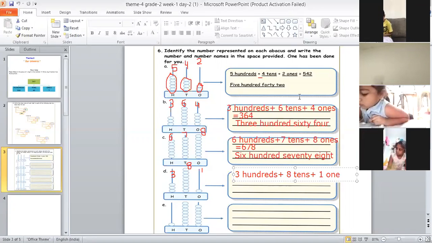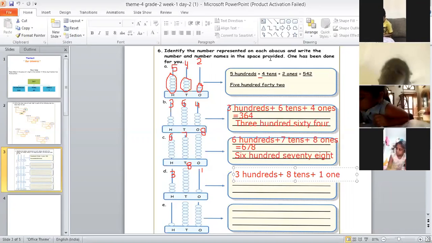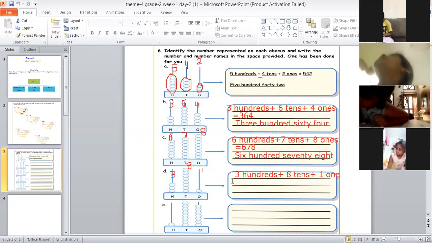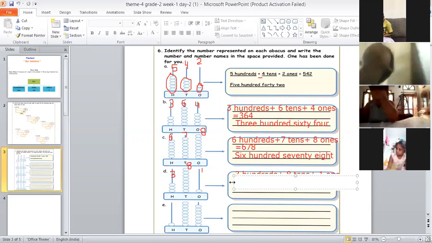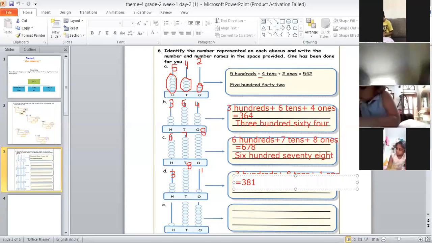We'll not write ones. Very good, Devansh. That's the correct answer. Okay, now next. In the next line, same thing. We will put equal to sign and we'll write this number, 381.